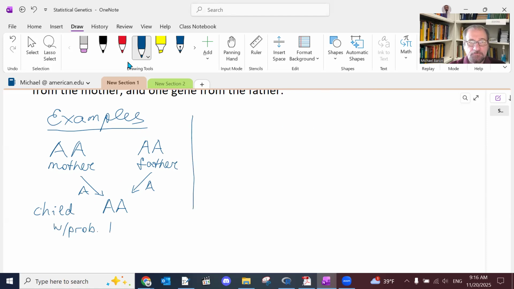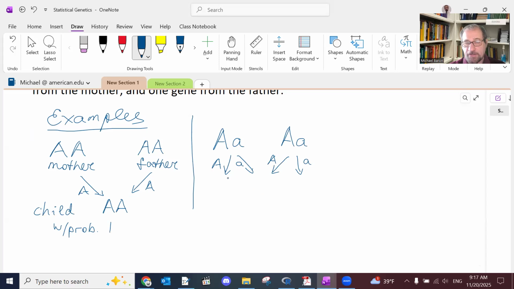Another example. Suppose both are heterozygotes. So the mother is Aa, the father is Aa. What will be the child? Well, now the mother can donate either the dominant or recessive gene, and the father can also pass a dominant or a recessive gene.